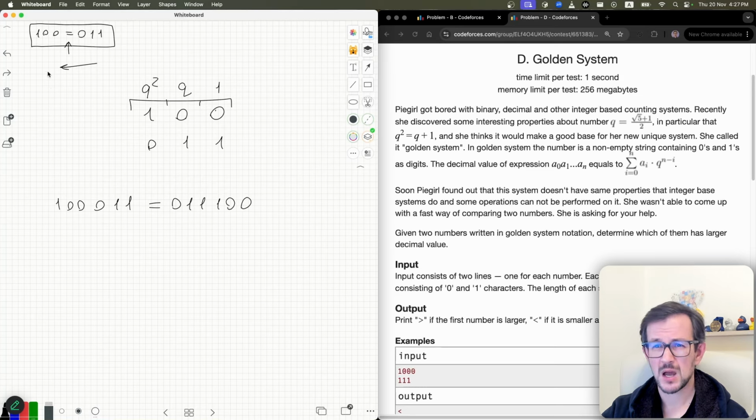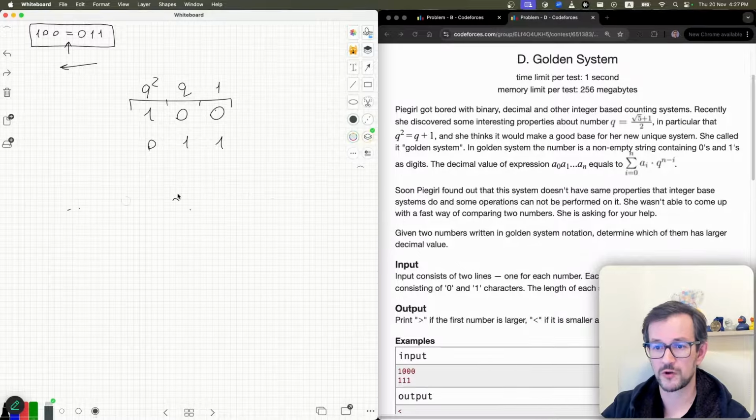Why do I move digits to the left, not to the right? Because I kind of want to have a high degree of this polynomial. Hard to explain. Let's explain it like this. It's possible to move digits in both ways: you can move digits to the left or to the right.